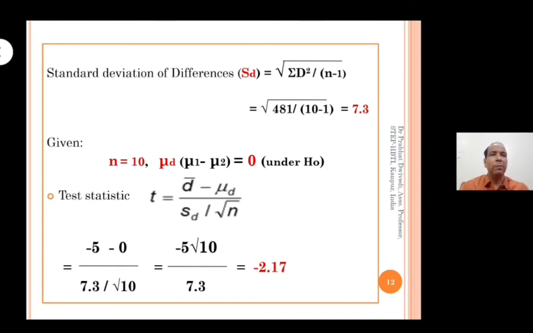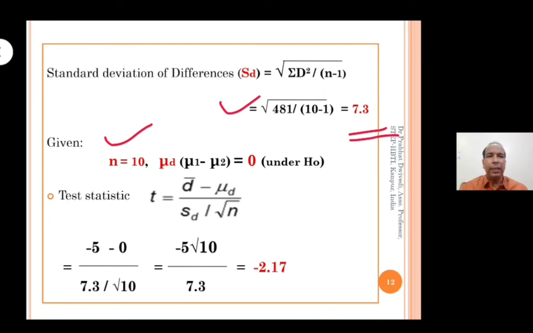So value of sigma D square here is 481. So under root 481 upon 10 minus 1, that produces 7.3. Now what is given in the problem? Value of n, that is sample size, that is 10. Mu d, that is mu1 minus mu2, which under null hypothesis is equal to 0.